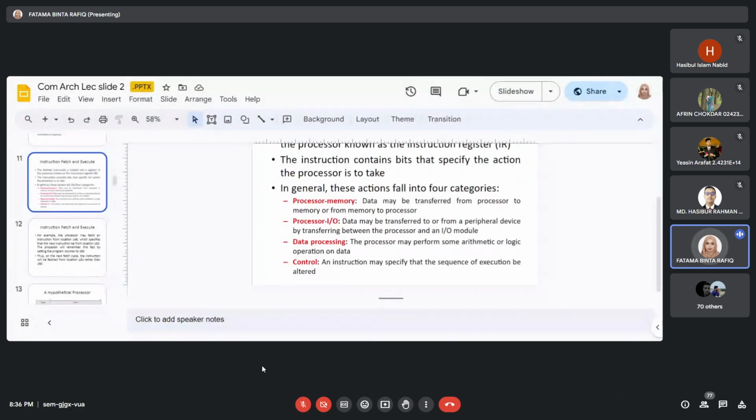Then হচ্ছে data processing. The processor may perform some arithmetic or logical operation on the data, and then an instruction may specify that the sequence of execution be altered. এবং control signal দ্বারা এই অল্টারেশনটা হয়ে থাকে.